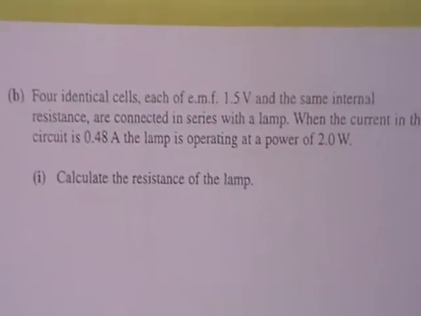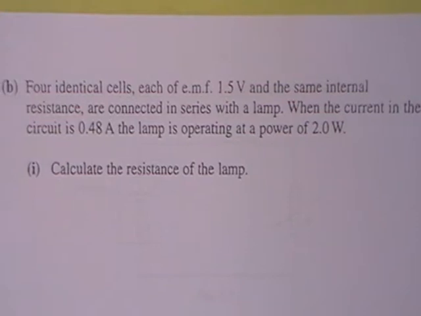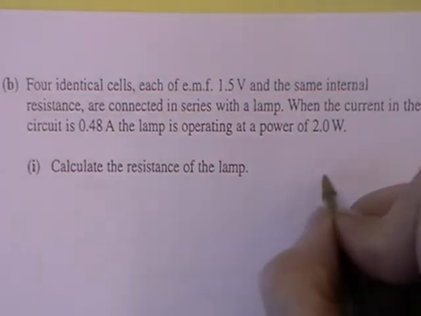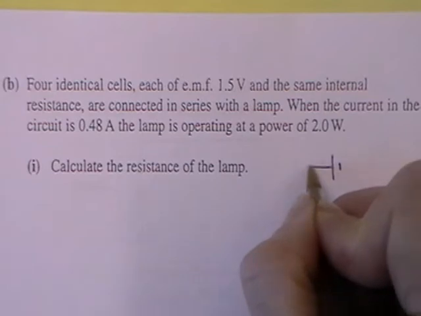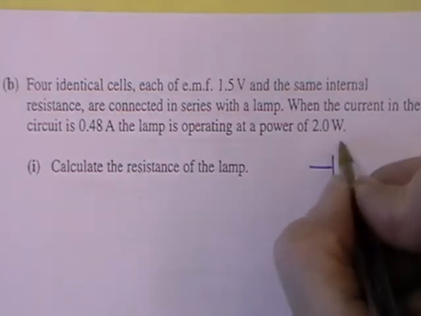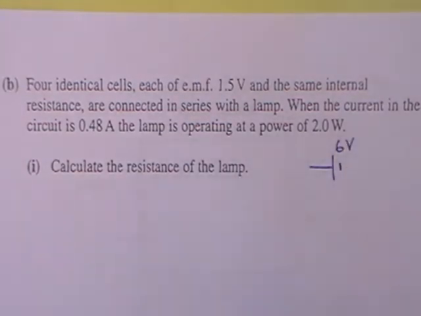4 identical cells, each of EMF 1.5 volts and the same internal resistance are connected in series with a lamp. When the current in the circuit is 0.48 amps, the lamp is operating at a power of 2 watts. So I'm just going to draw a quick circuit there. I'm going to draw one single cell and write that it's got 6 volts in total.